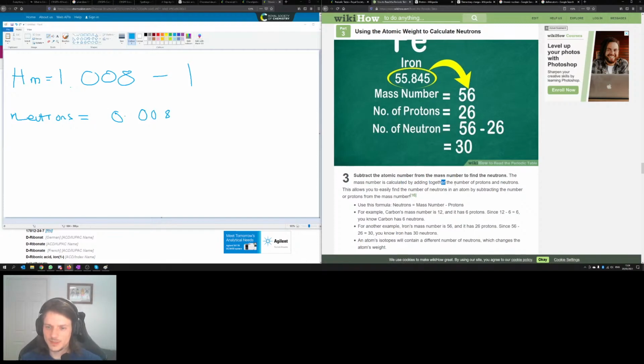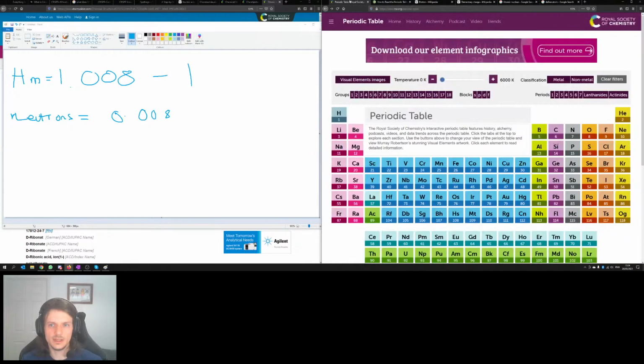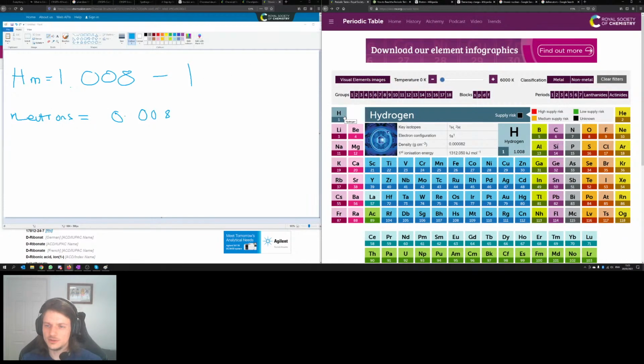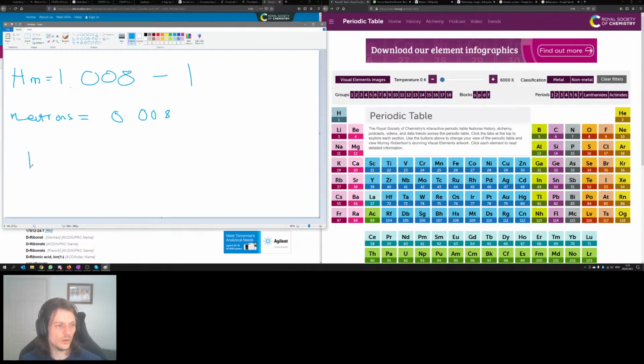The mass number is calculated by adding together the number of protons and neutrons. Oh, the mass number is calculated by adding together the number of protons. So with hydrogen, you've got 1 proton plus 1 electron.